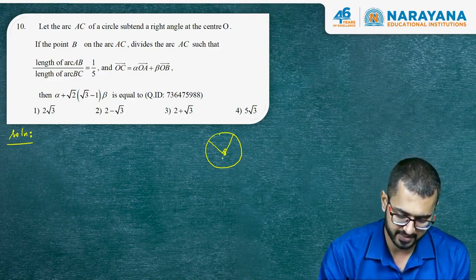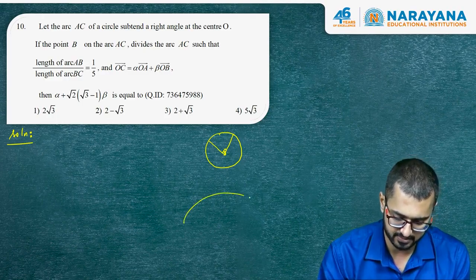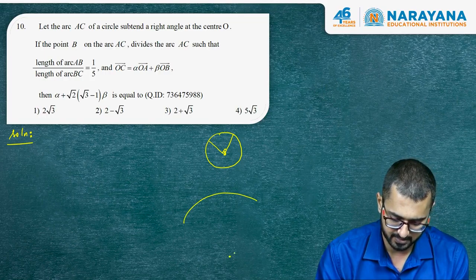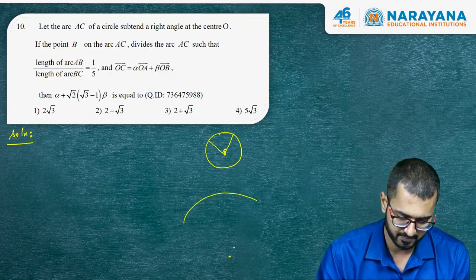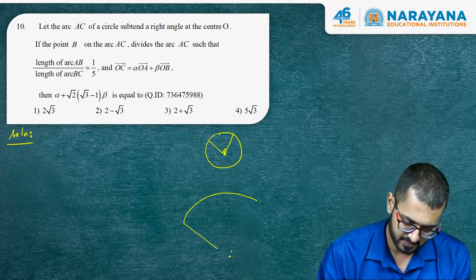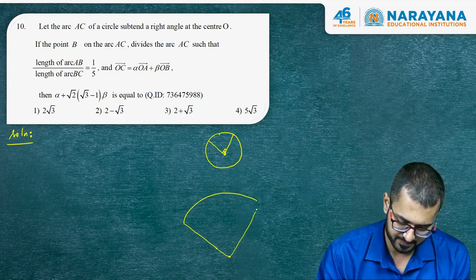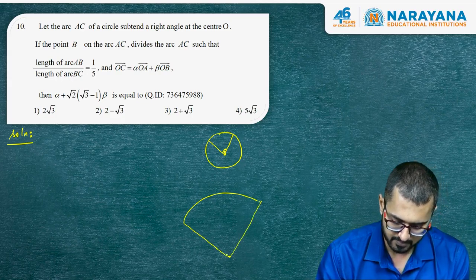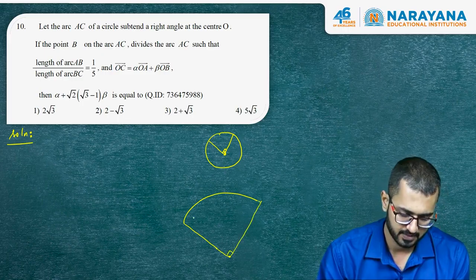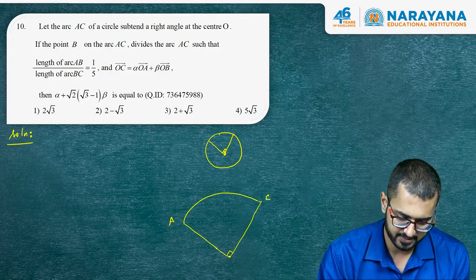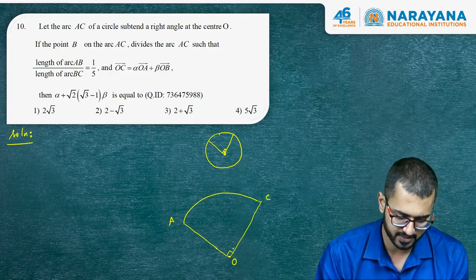I'll magnify the diagram. It's like this somewhat, and this happens to be my center, and it is perpendicular right here. So it's my arc AC, and the center is given to be O.